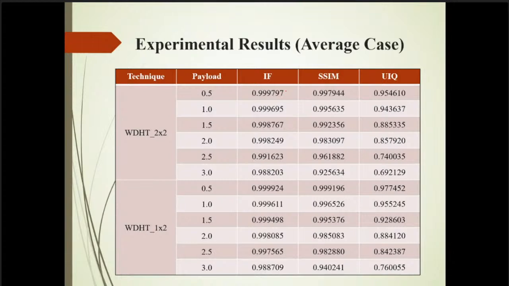Suppose I take two images, one the embedded image and one the original image. Suppose I did not embed any bit, so your IF will come as 1, SSIM will come as 1, UIQ will come as 1. So my motive is to keep them as near towards 1 as possible. For all of these metrics, my embedding algorithm will be better if it moves towards the value 1.